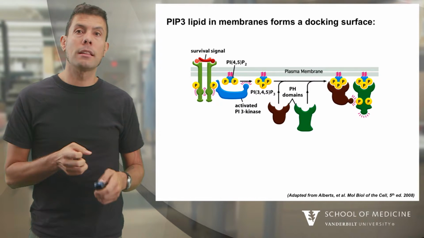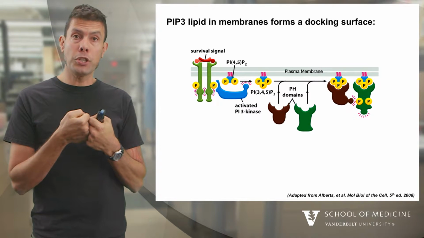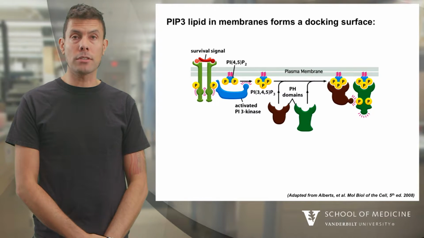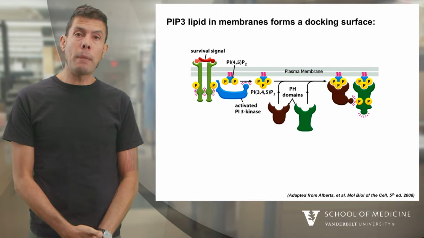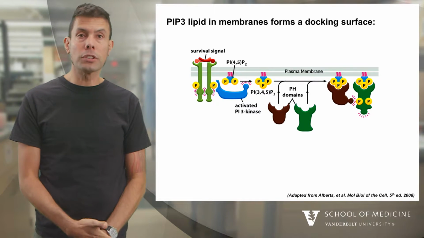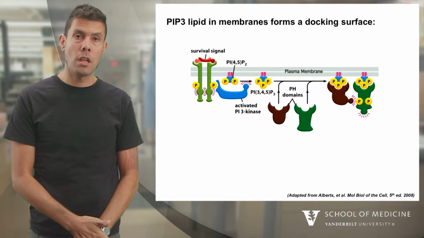And by clustering onto the membrane, those proteins are more frequently able to bump into each other. And because of that, you can get an activation of those proteins. And so PIP3 in these membranes is actually very well known to cause this type of clustering phenomenon among proteins onto membranes.